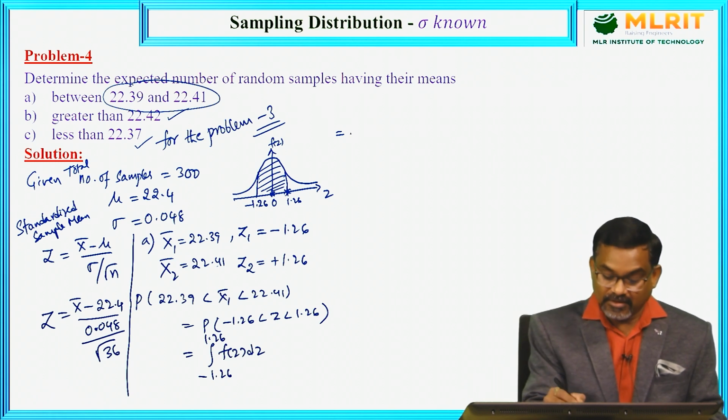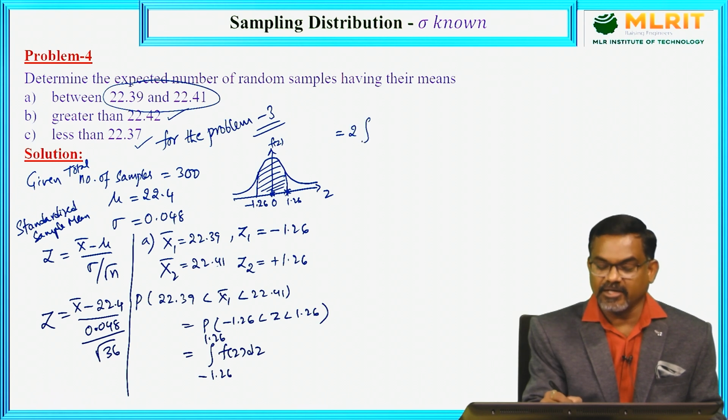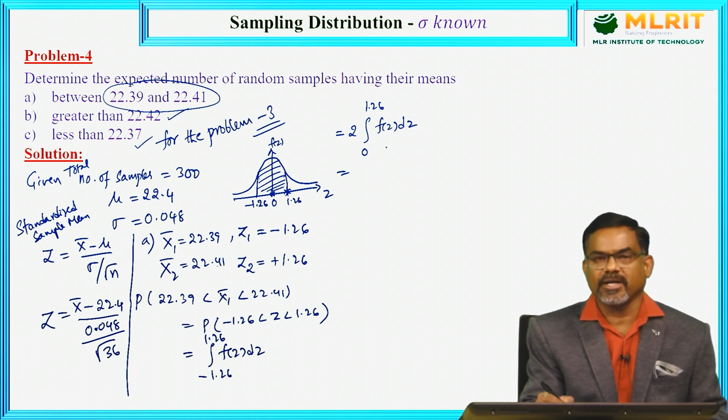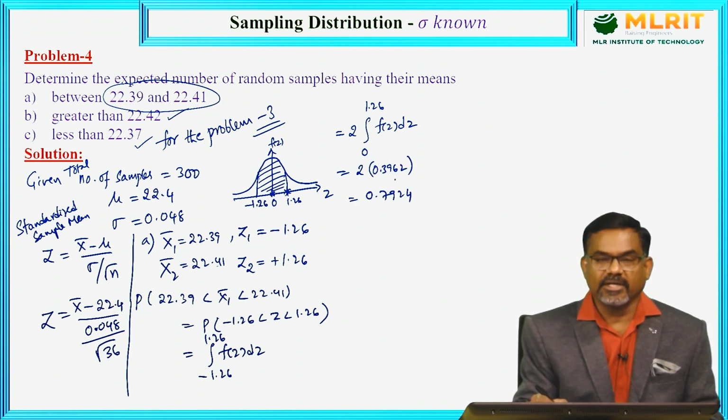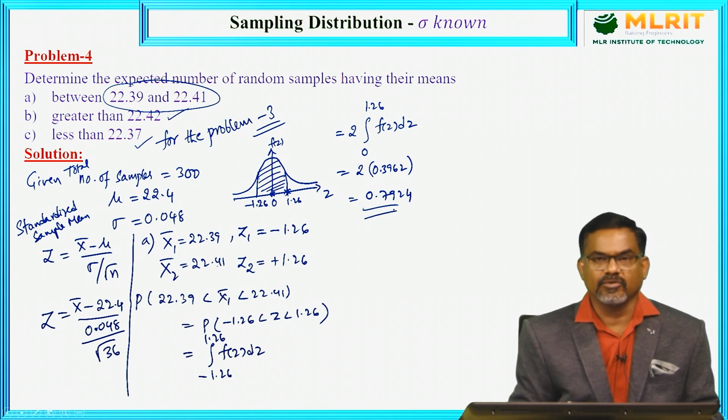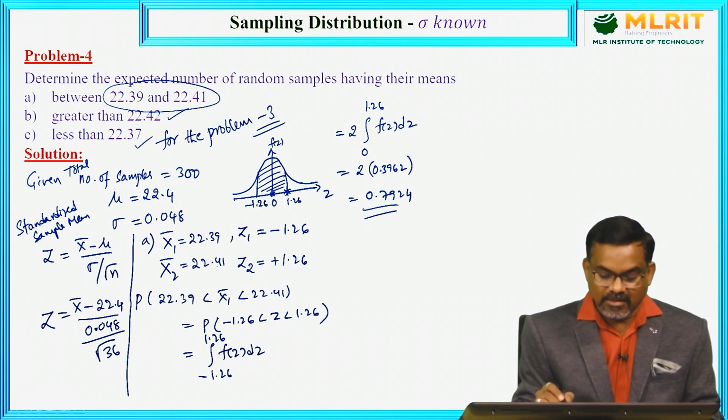Therefore, minus 1.26 to 1.26 can be calculated using 2 times the integral from 0 to 1.26 of f of z dz, and this value can be obtained using the standard normal table: 0 to 1.26 is 0.3962, multiplied by 2, that gives 0.7924.